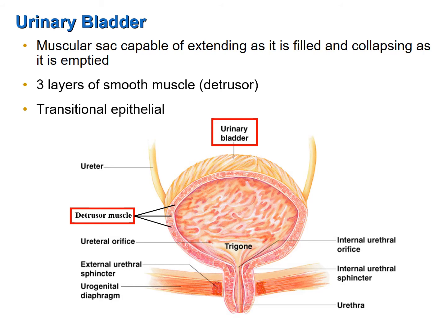The layers of the transitional epithelial tissue slide past one another, allowing the epithelial tissue to thin out as the bladder fills and is stretched, and to become thicker as the bladder collapses as it is emptied.